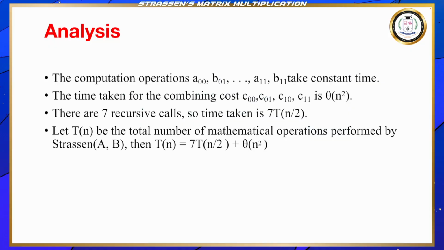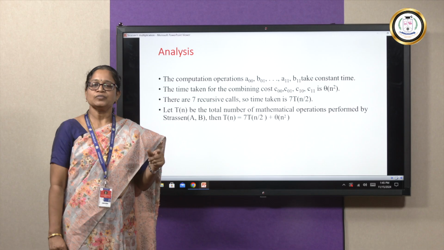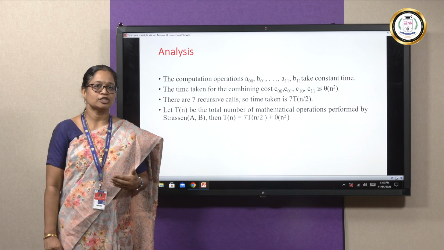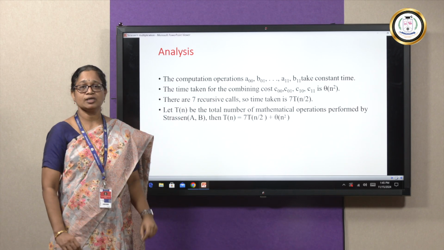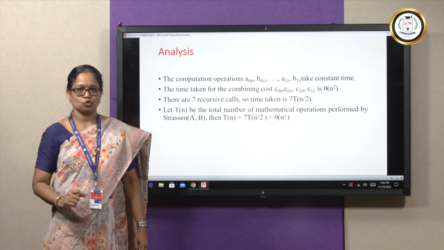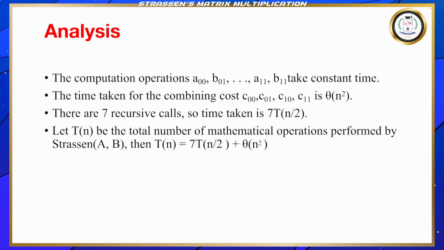The time taken for the matrix multiplication operations is given as 7 into T of n/2. Here 7 is the number of times we call the matrix multiplication operations, and n/2 is how we divide a problem n into subproblems. The next cost is the combining cost.